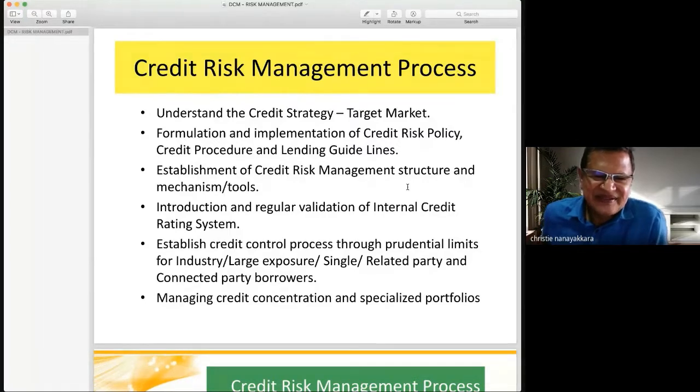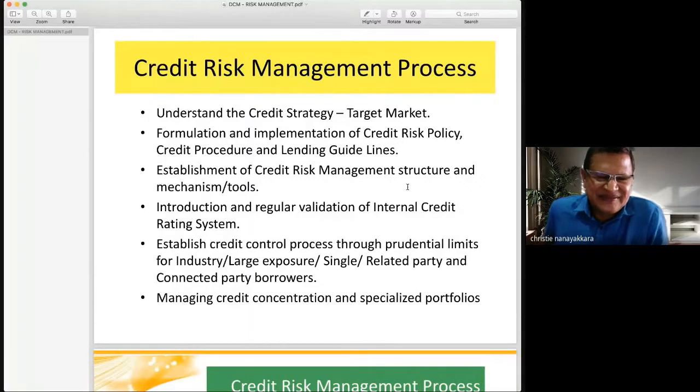Establish credit control process: prudent limits for industry, large exposure, single or related party, and connected party borrowers. We will be discussing these items when we move forward, because certain control processes also come under the purview of credit risk management.